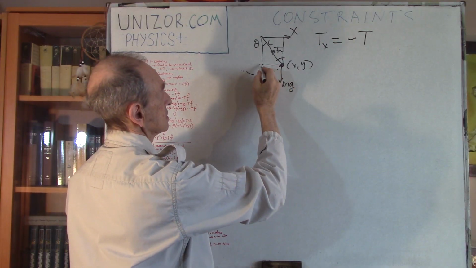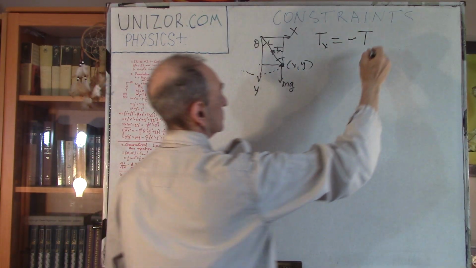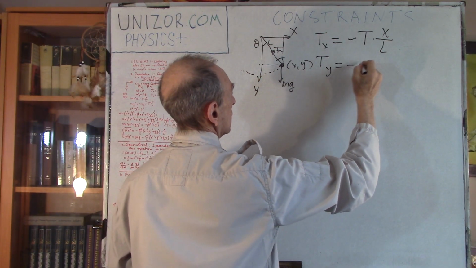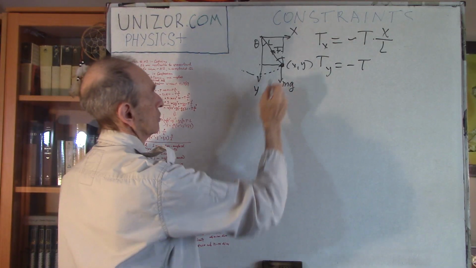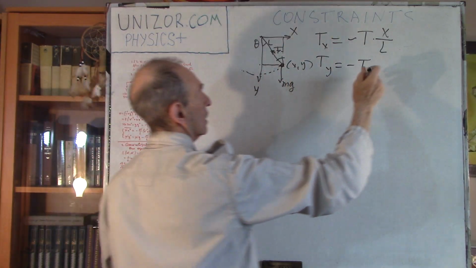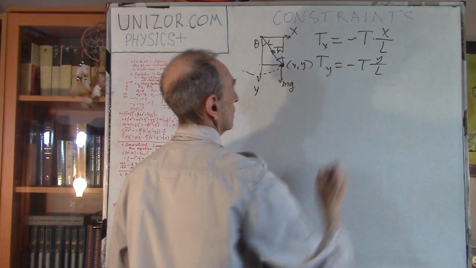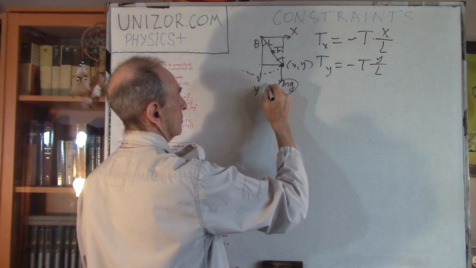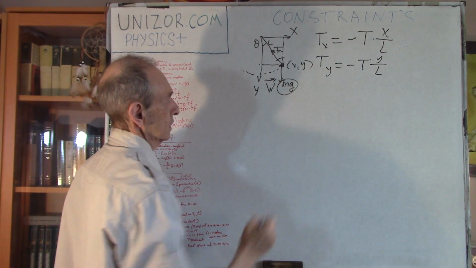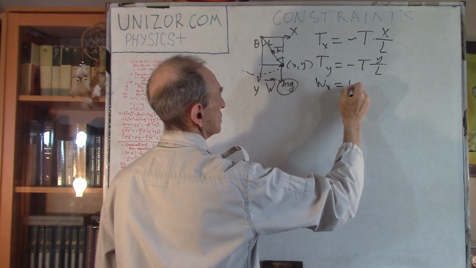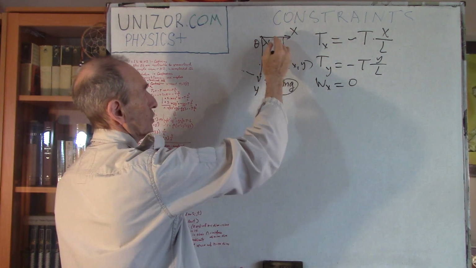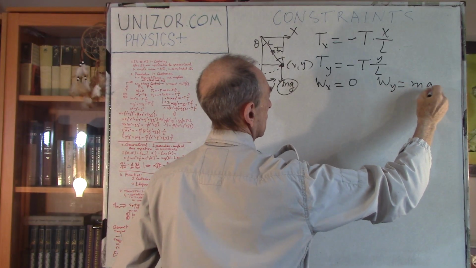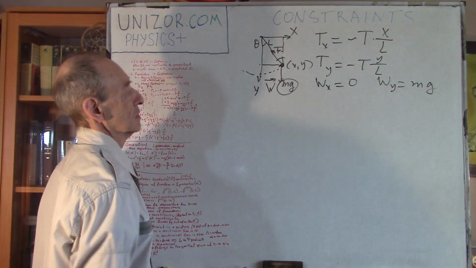Sine of theta is x divided by L. Now Ty is equal to minus T y divided by L; it goes up, that's why it's minus. Alright, now the weight: its x projection is equal to 0 because it's vertically down, and its y projection is equal to mg. There's a plus because it goes along this axis.